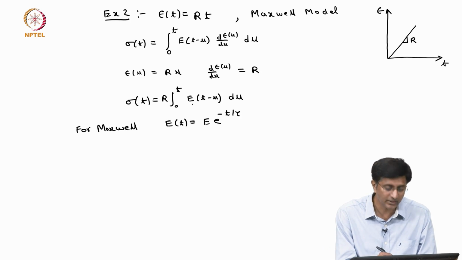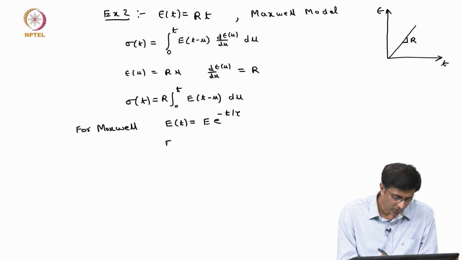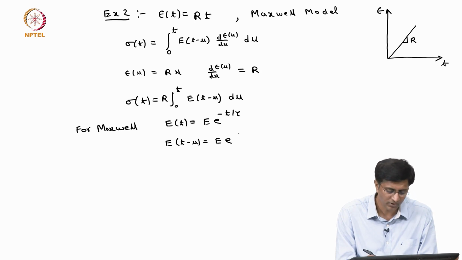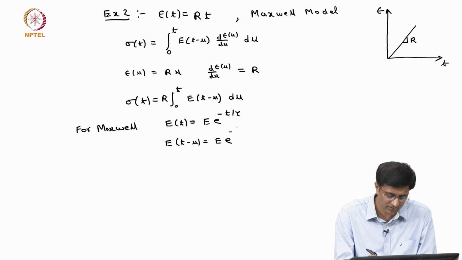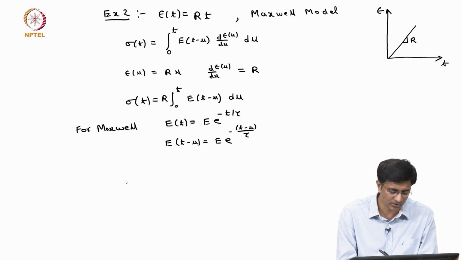But since in the integral form we have E of t minus u, we simply replace t with t minus u. So, it is E times e power minus of t minus u by tau. Now let us substitute this into the integral.